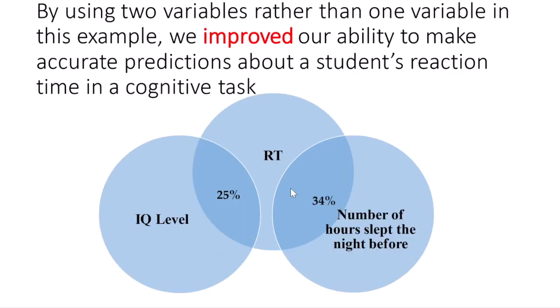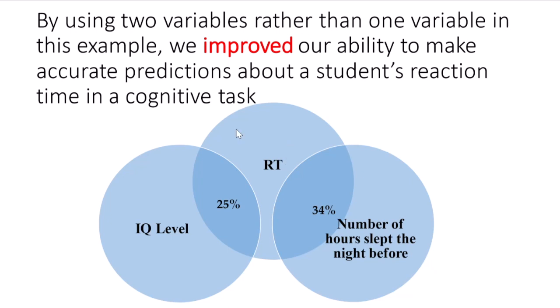However, if another independent variable is added over here, the number of hours slept the night before, then by using two independent variables rather than one, we have improved our ability to make accurate predictions about a student's reaction time in a cognitive task to about 59%.